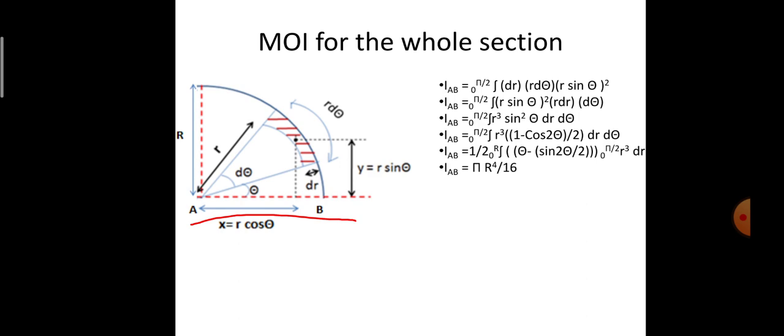So the same equation has to be integrated two times, one with reference to 0 to pi by 2, the variable is theta, and another with reference to 0 to r, the variable is r. Therefore, after doing all this procedure, I'll get the moment of inertia with reference to the AB axis as pi r power 4 by 16.